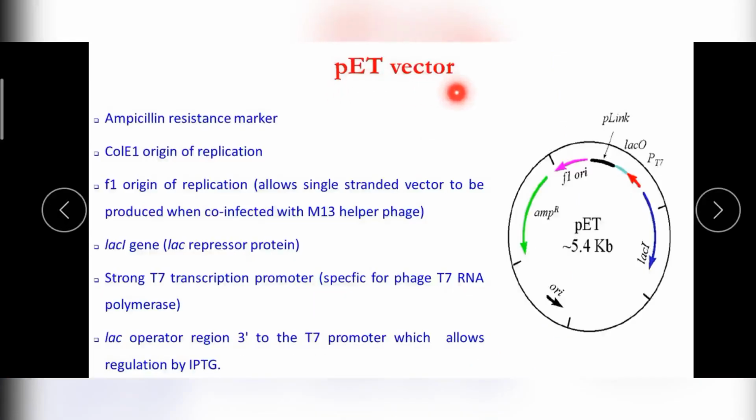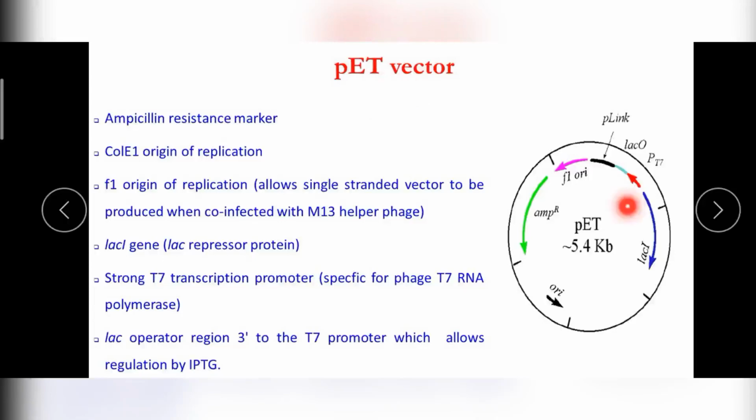Now let's see some examples of expression vectors. Here you are studying the pET vector. P means plasmid, E means expressing, and T means T7 promoter; this vector has the bacteriophage T7 promoter.